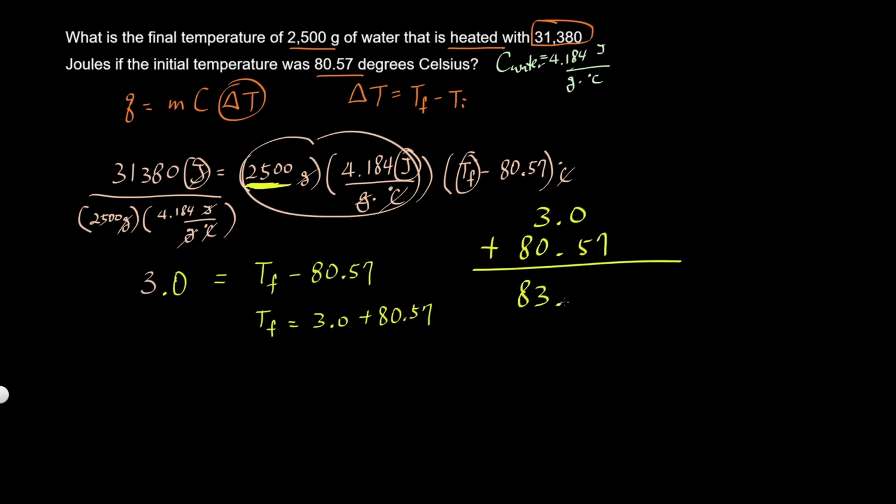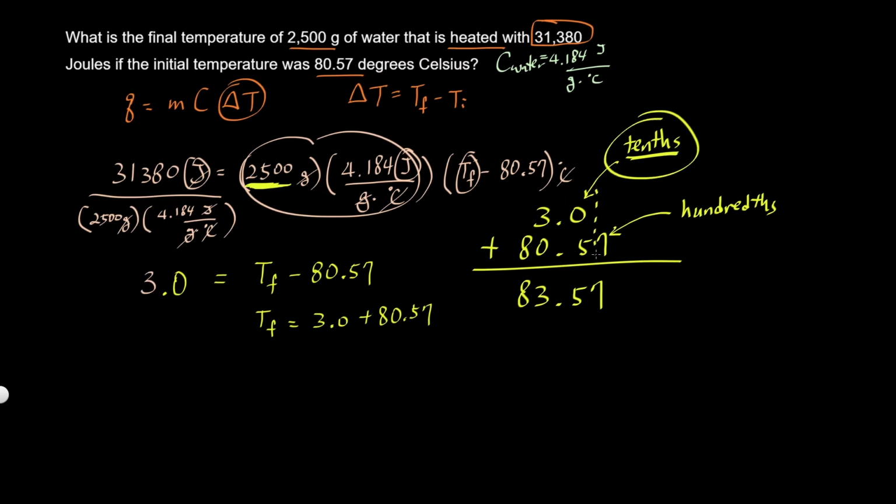Just add right now, so it's 83.57. When you look at the first term, 3.0, the precision is up to tenths, or the first decimal place. The second one is precise up to hundredths, the second decimal place. When you add or subtract, you want to keep your answer to the least precise one, which is tenths.